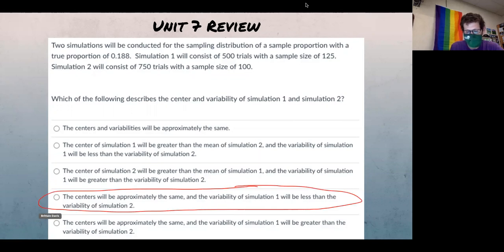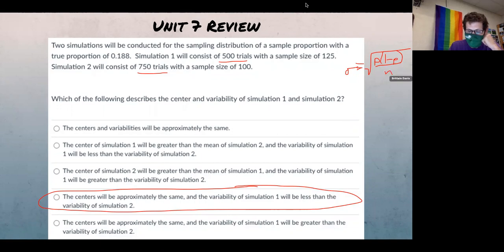The main thing behind this is that the number of trials doesn't really matter as long as it's a pretty big amount. What matters to determine the shape of your distribution is the sample size, because the standard deviation, this is sample proportions. The standard deviation for this is determined by the square root of p times 1 minus p divided by n.